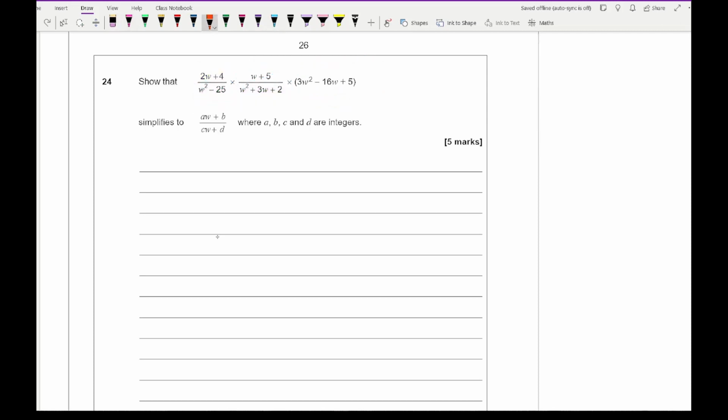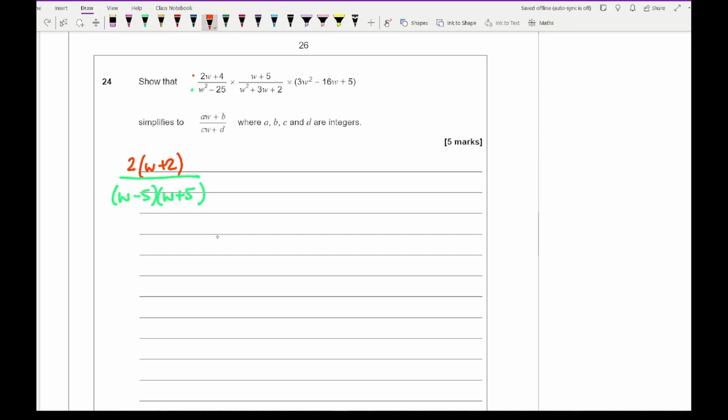In terms of looking at this first one here, I can factorize that because I've got 2 as a common factor. So I've got 2w plus 2. From the next one, let's use a different color. We've noticed that that is a difference of two squares, and that factorizes to give me (w − 5)(w + 5). Now the order which I've written that does not make a difference.